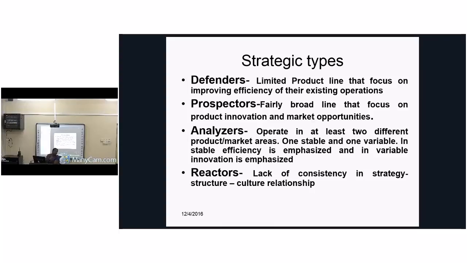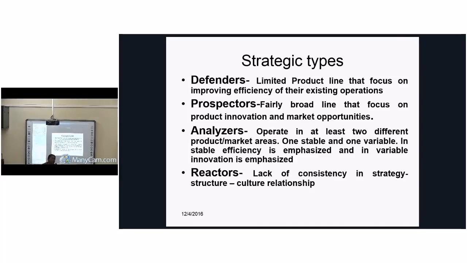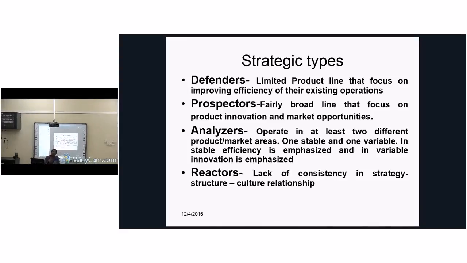So, based on the strategic type, you can categorize your competitors, you can categorize your suppliers. So, there are defenders. Based on the strategy called defenders, you can understand different types of competitors or suppliers or other firms.